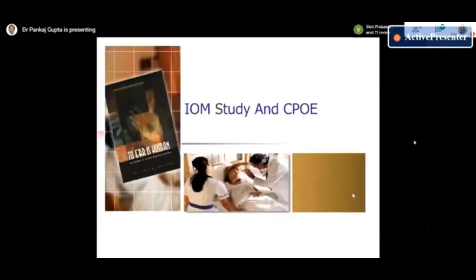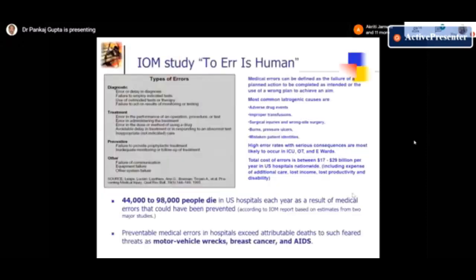Why did this all happen? This happened because there's an Institute of Medicine in the US. They published a study called To Err Is Human. What it said was that 44,000 to 98,000 people die every year in the US because of preventable medical errors.